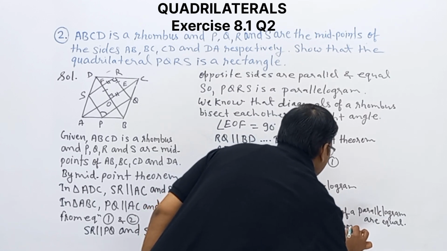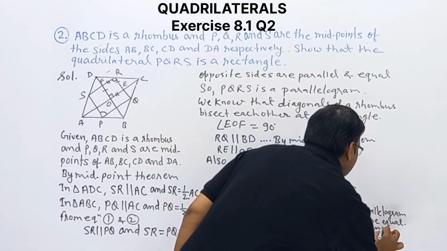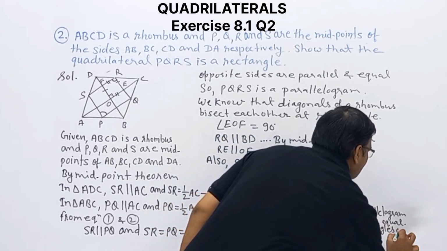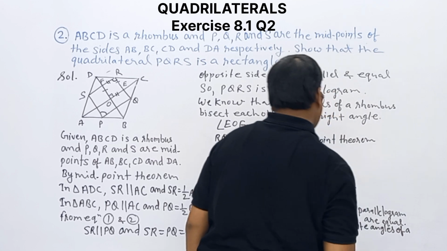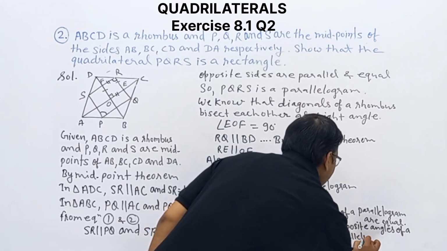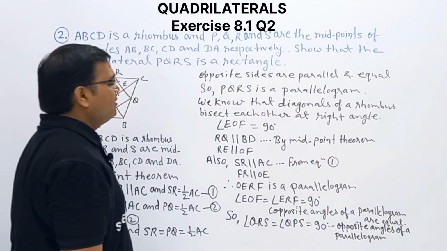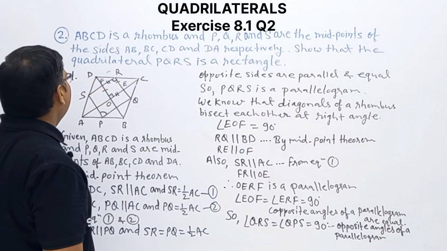Opposite angles of a parallelogram are equal. Clear?